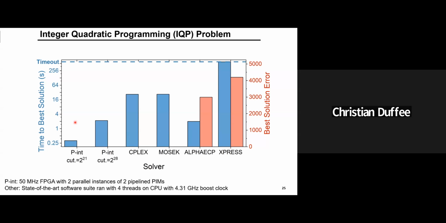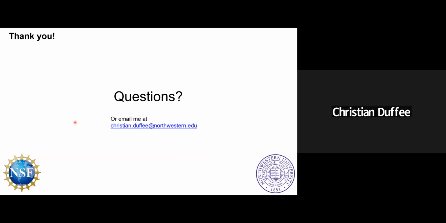It's a very simple FPGA, while the software solvers are running on a CPU at 4 and some change gigahertz. And we will be trying to look at FPGA to FPGA comparison going forward. So I guess I finished a little bit early, so plenty of time for questions.